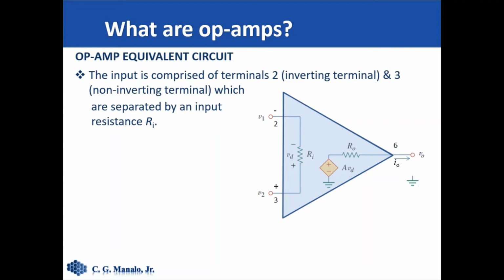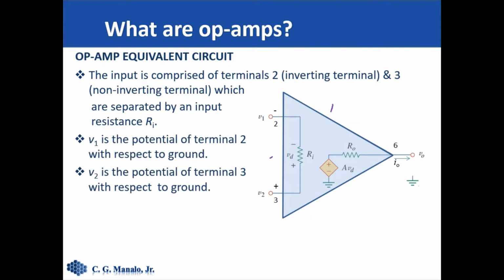Again, this is the symbol of an op-amp, and the input is represented here. It consists of the two terminals, the inverting and the non-inverting terminals, and these terminals are separated by a resistance R sub i.